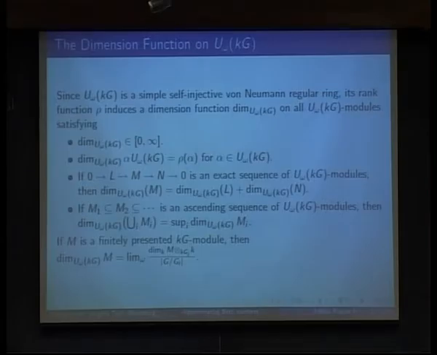Then if you have an exact sequence, you have the expected formula. And similarly, if you have an ascending sequence, then the dimension of the union is the supremum of the dimensions of the M_i. And it comes almost from the definition that if M is a finitely presented KG module, then the U_omega(KG) dimension of M is the ultralimit of the dimensions of these modules.